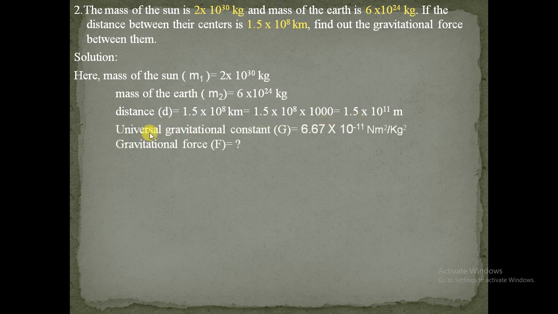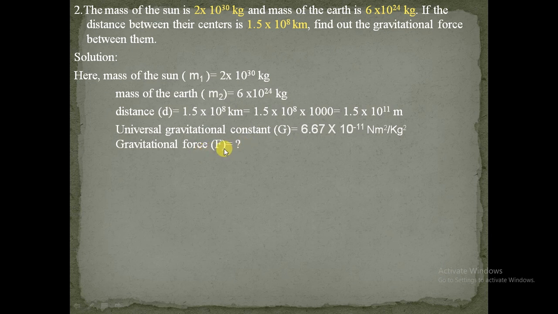The universal gravitational constant G is not given in the question, but we have to know it. The universal gravitational constant capital G is 6.67 into 10 to the power minus 11 Newton meter square per kg square. This is the value of the universal gravitational constant. Now, what is the gravitational force between the sun and the earth?